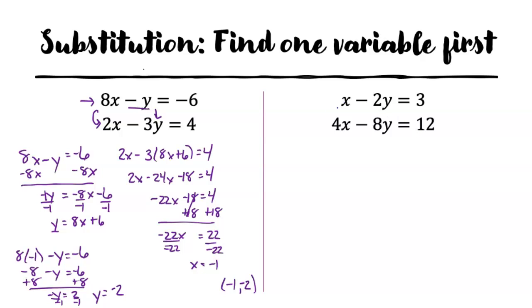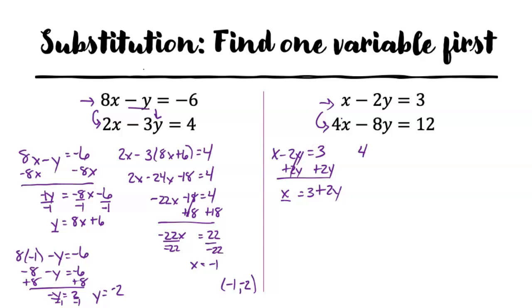So I'm going to solve for x this time. So I have x minus 2y equals 3. Add 2y to both sides. And x is going to equal, looks like, 3 plus 2y. Now I know x, and I found x from this equation, so I'm going to plug my value into the other equation.